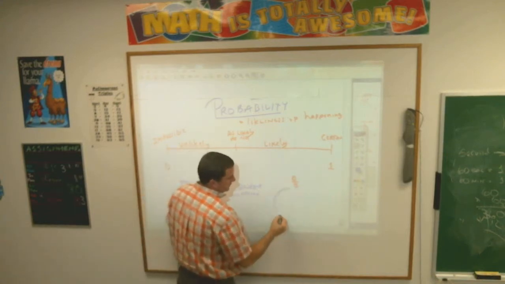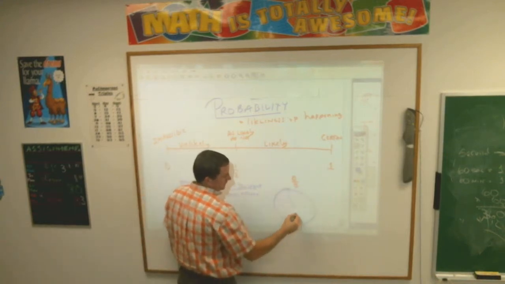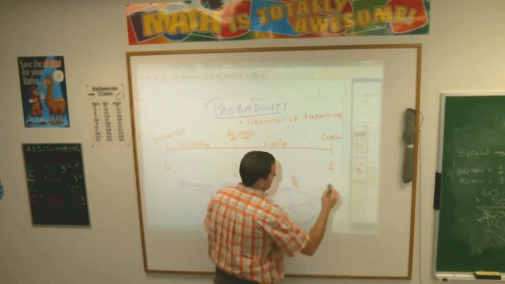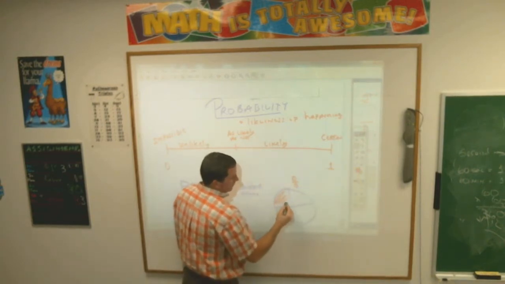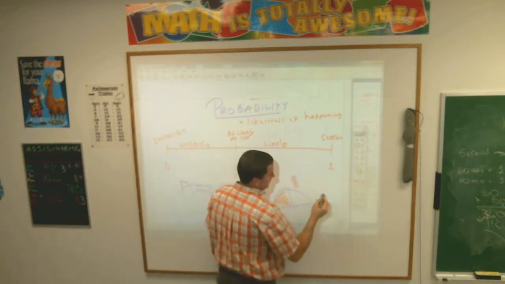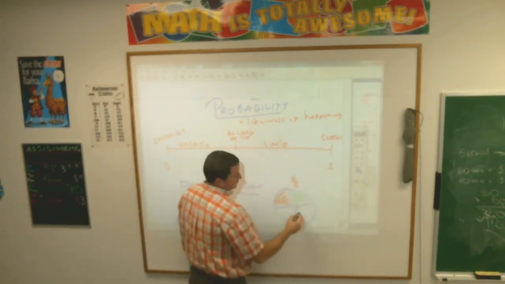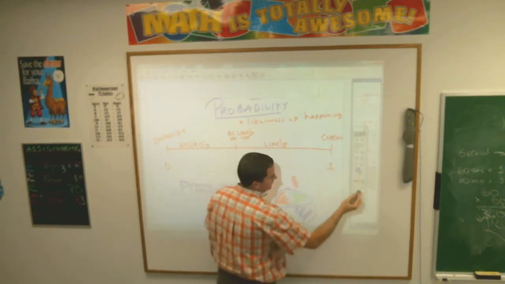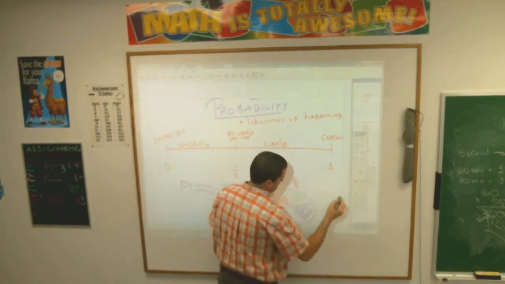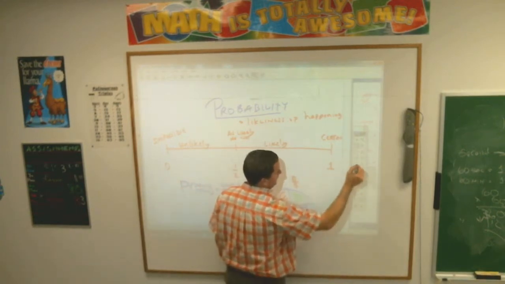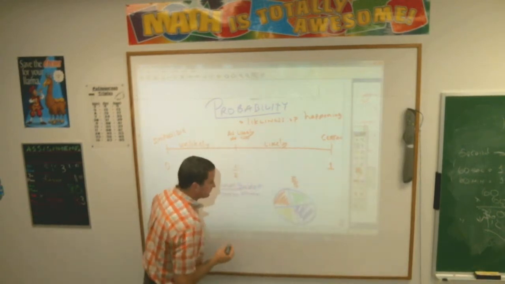Let's say you've got a spinner, and on this spinner, let's just color them in. One circle here is red, one is green, one is blue, and one is yellow. Here is what probability looks like.